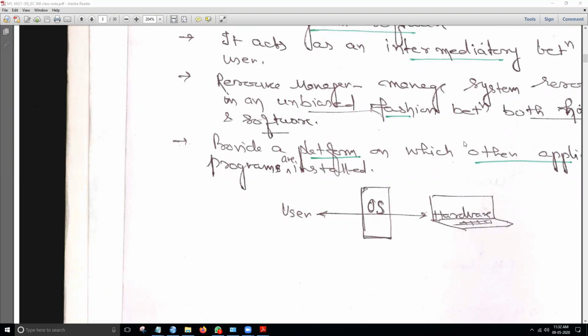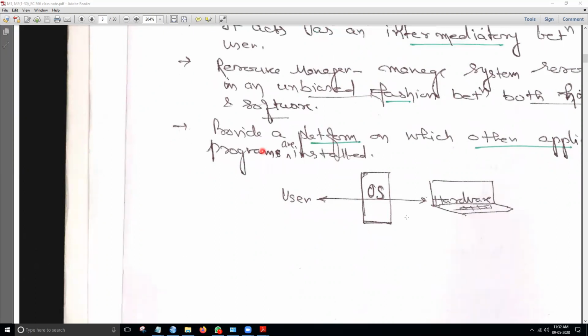Now coming to another point, it provides the platform for other programs. Suppose your operating system is using Windows, but you want to use some other platform system through this window.